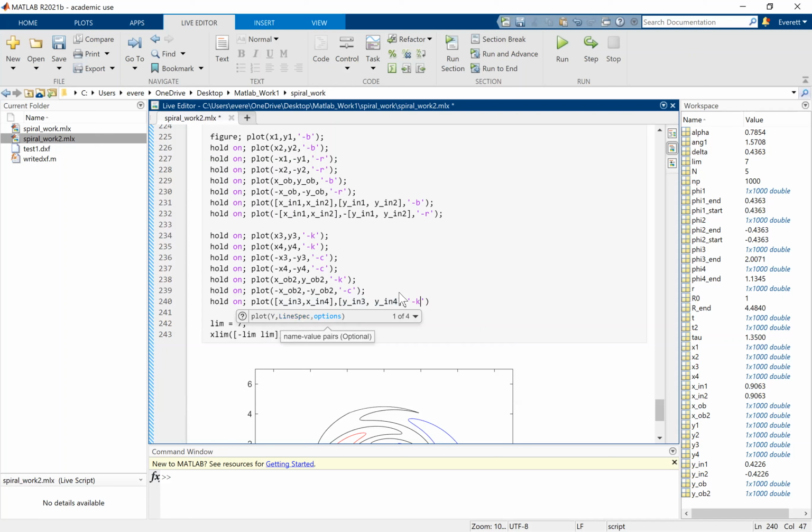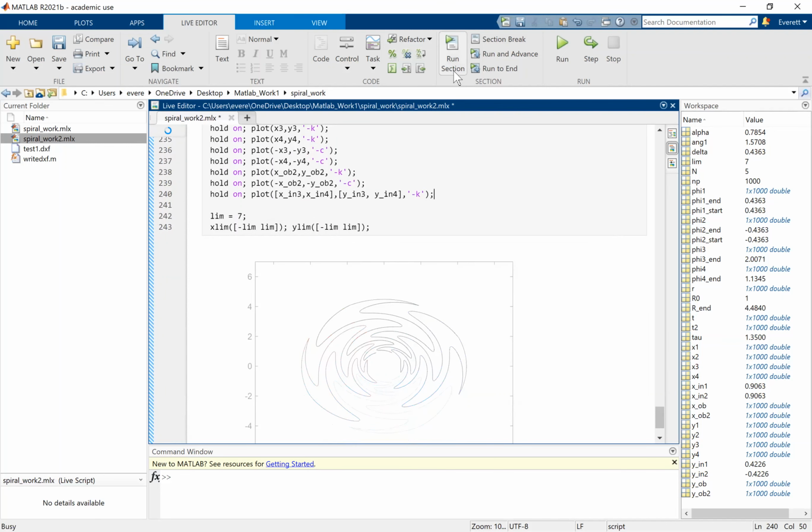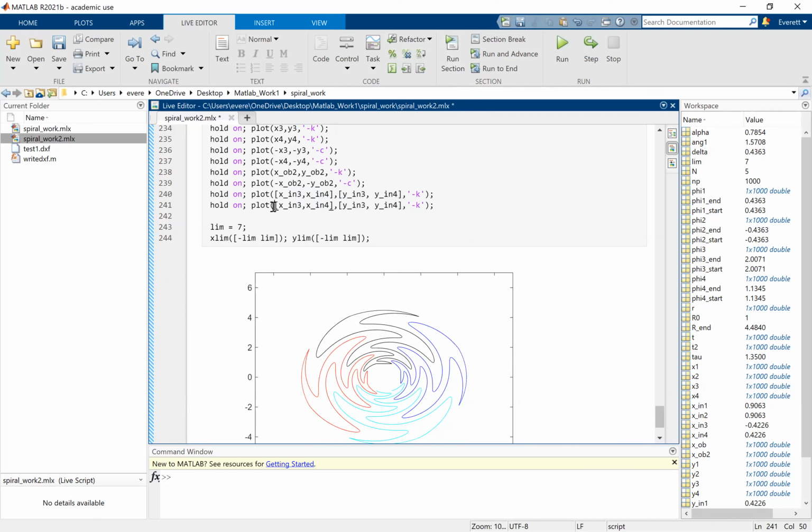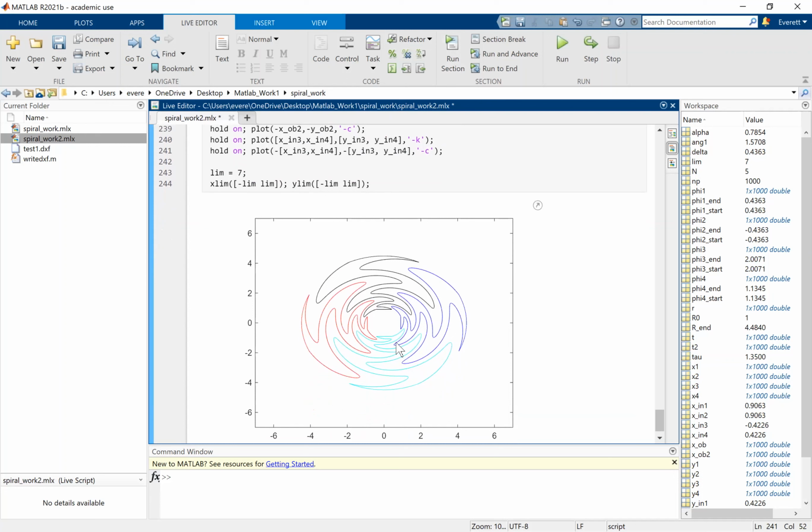This will be black here. And if we do this, we have the inner bound for the black arm. And again, we just make these negative here. So negative here, negative here, make this cyan. We have our inner bound here.